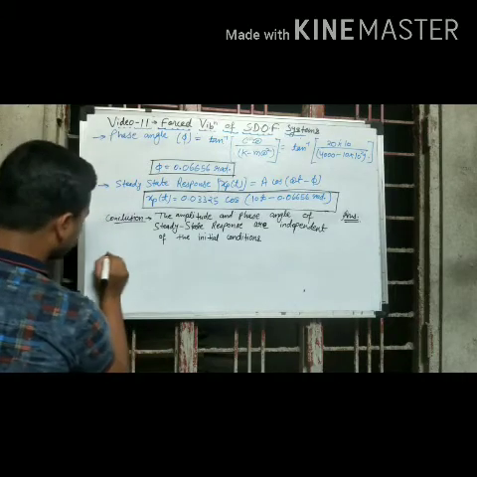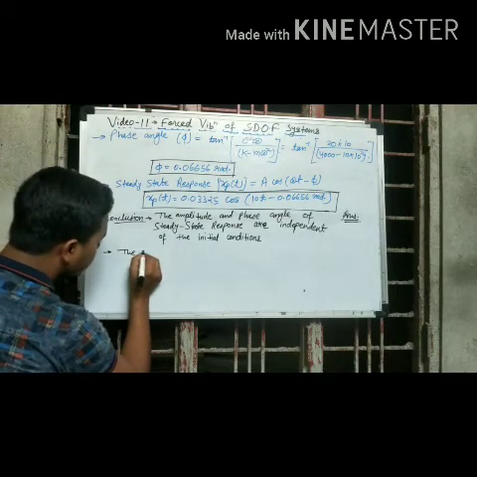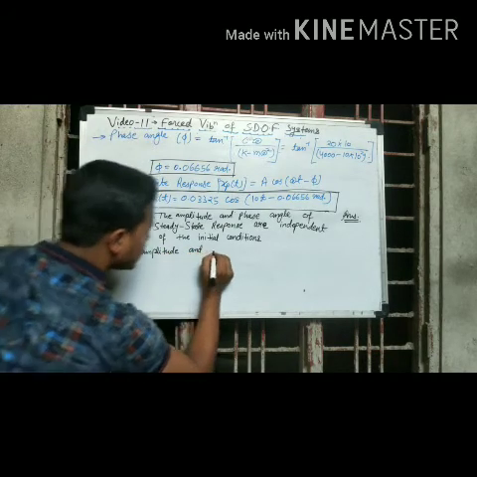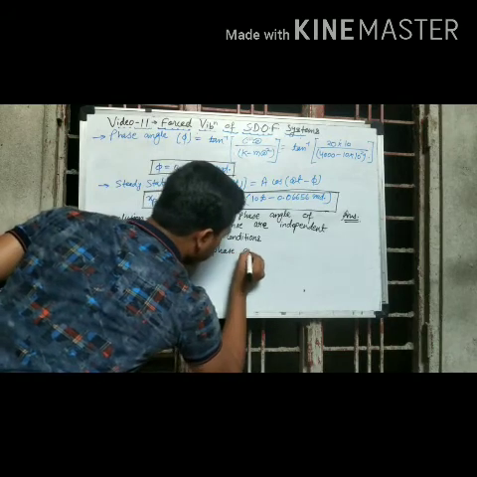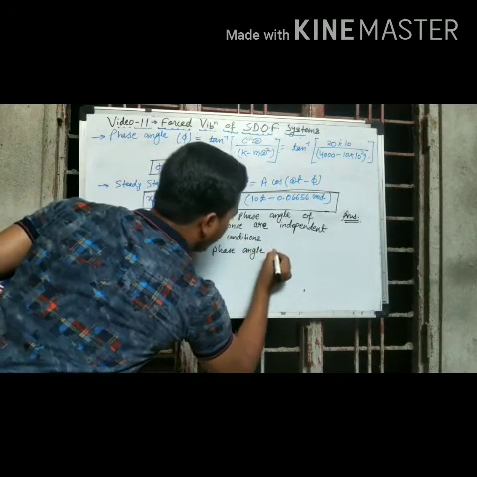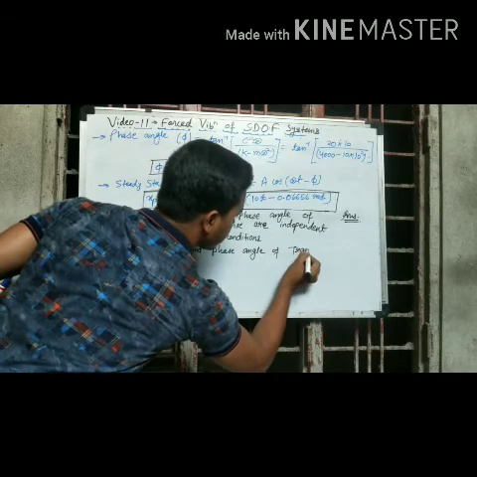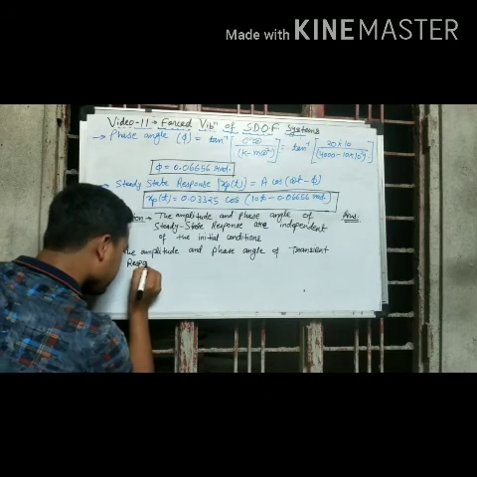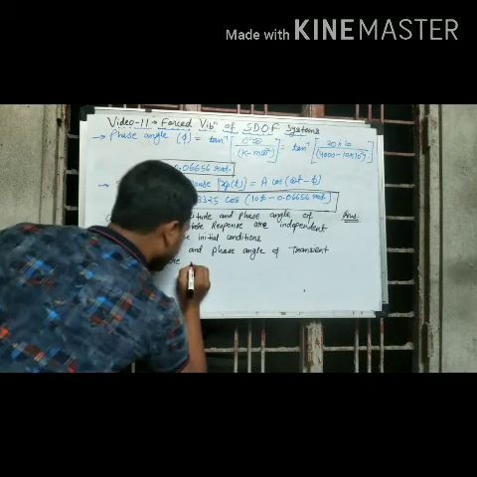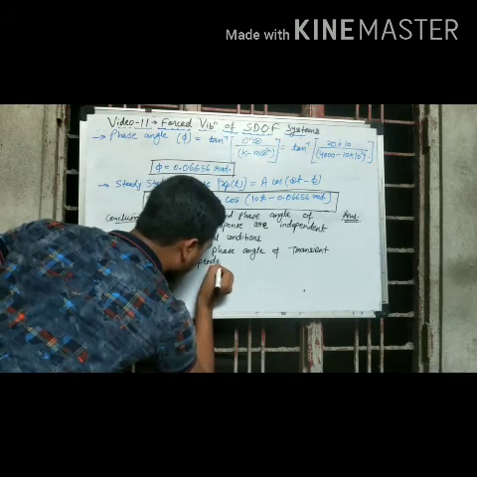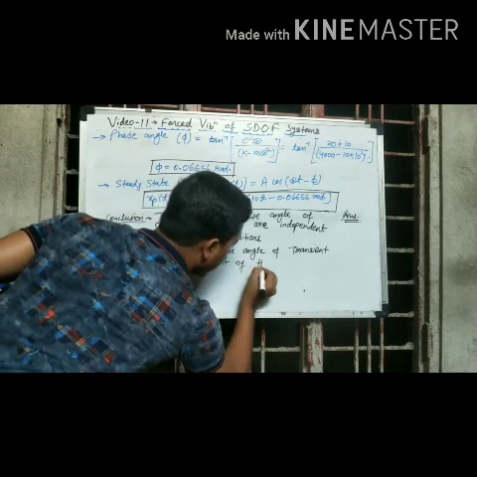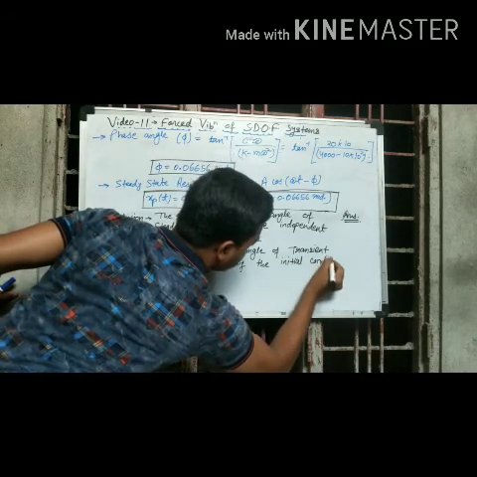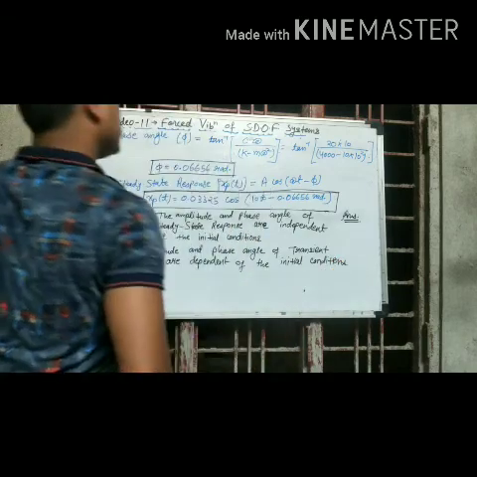This is the first conclusion. The second conclusion: the amplitude and phase angle of the transient response are dependent on the initial conditions. These are the conclusions.